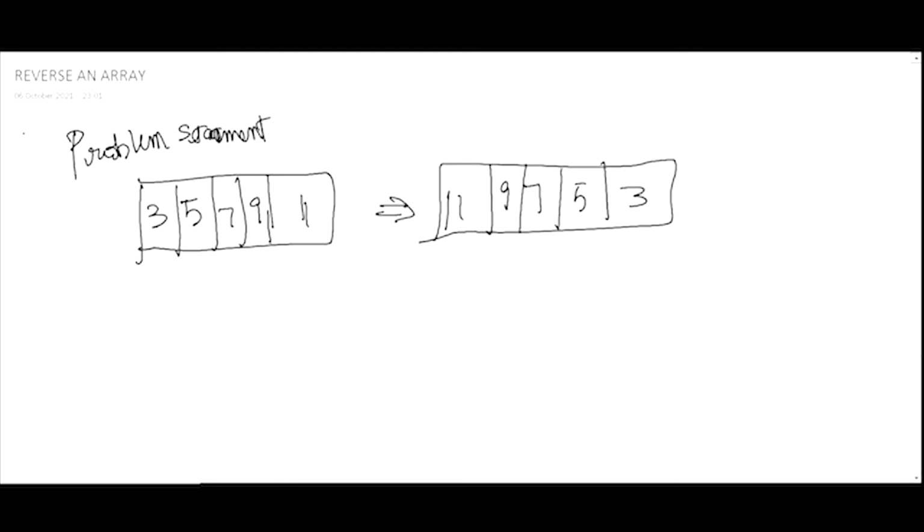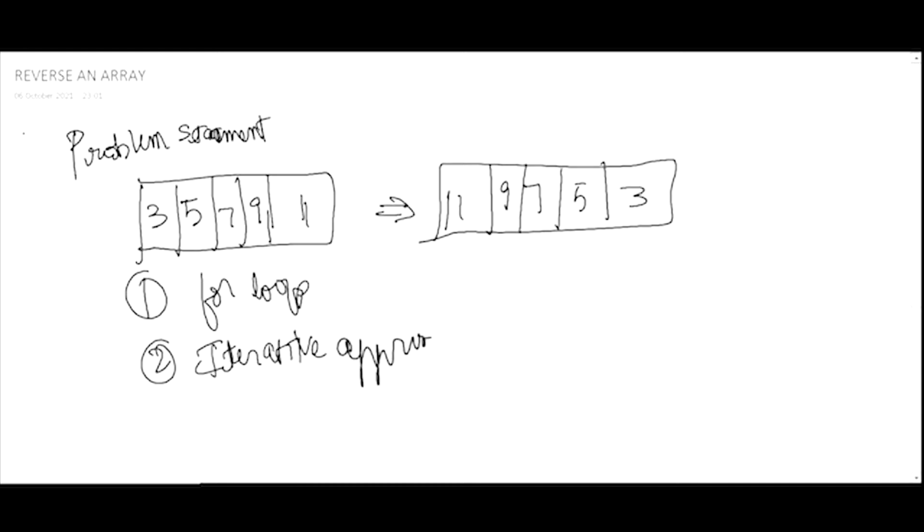This might look pretty basic, but it is very important. It is always very important to understand the problem statement, and that is why I'm telling you. Getting back, we have two approaches to do this. The first is using a for loop, and the second one is the iterative approach, where we don't use any extra memory or extra space.